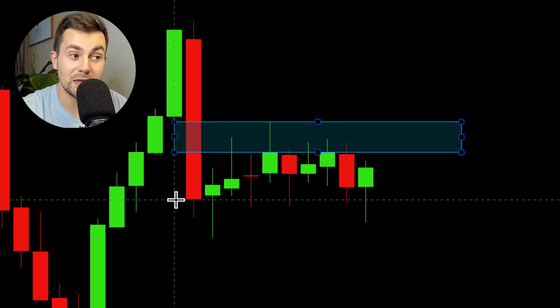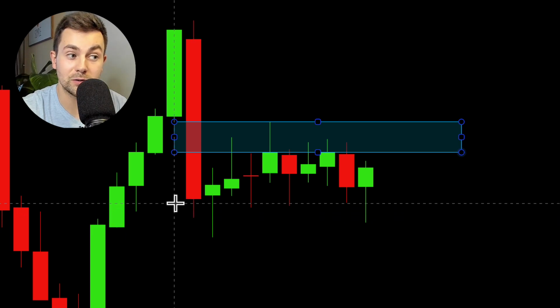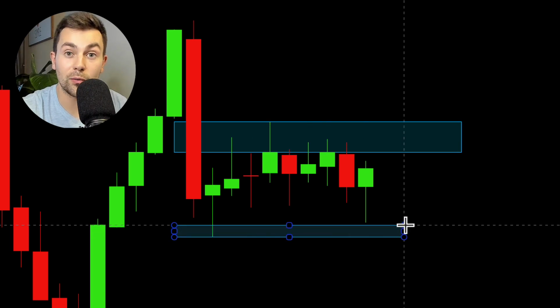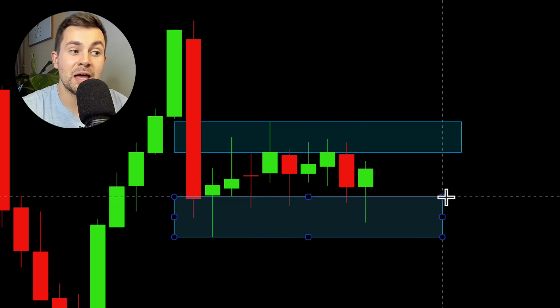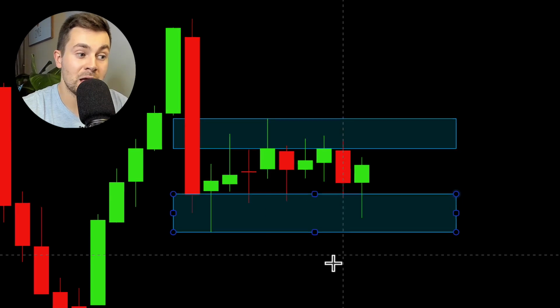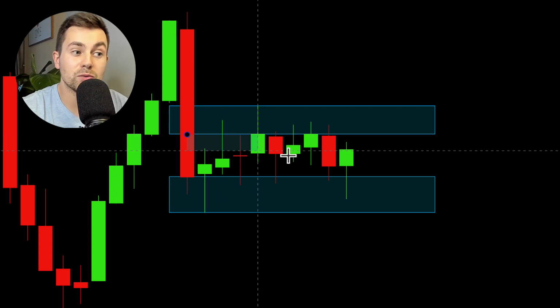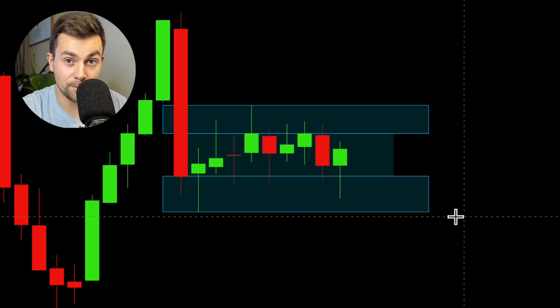We take the lowest wick, the lowest low of the consolidation. It will be the lower boundary of the support of our consolidation, and its upper boundary will be the lowest candle close. That is our horizontal range, the consolidation range where the market is trading at the moment.